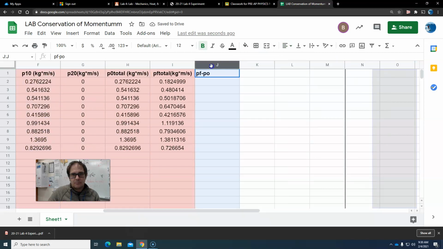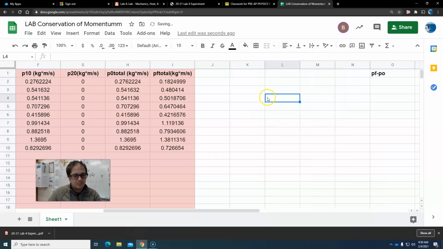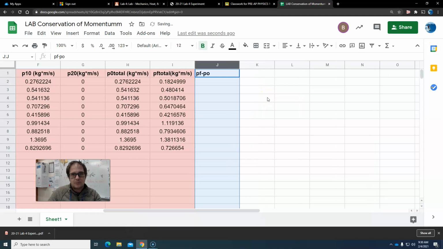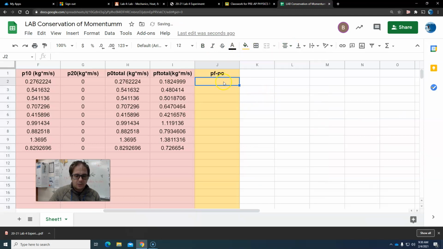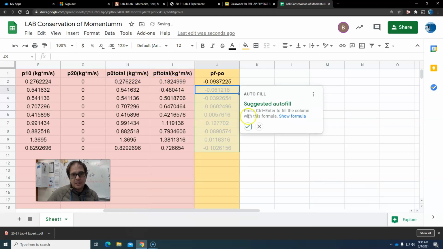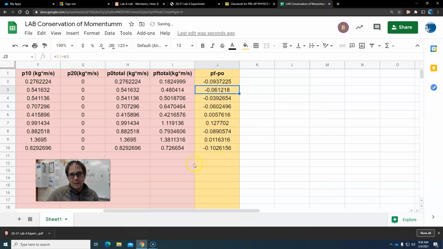Let's put another color over here. So you press the equal sign and you do this minus this. And if it's not a systematic error, some differences are going to be positive and some are going to be negative.